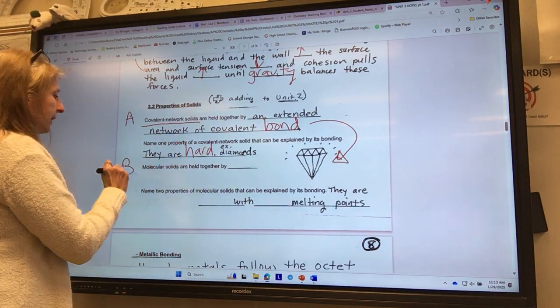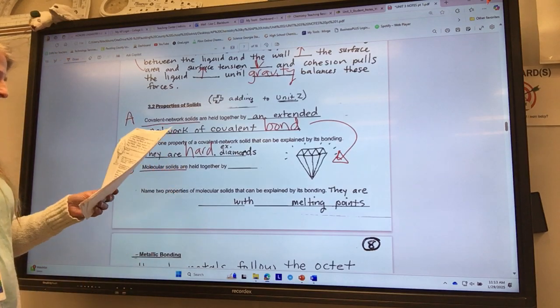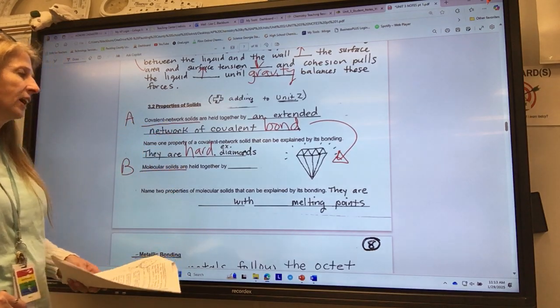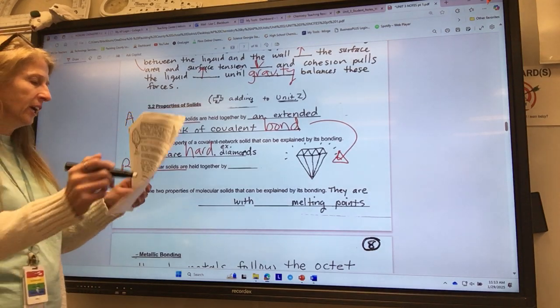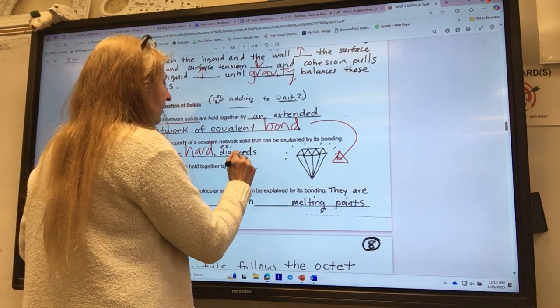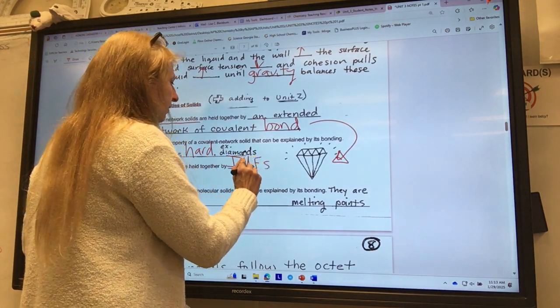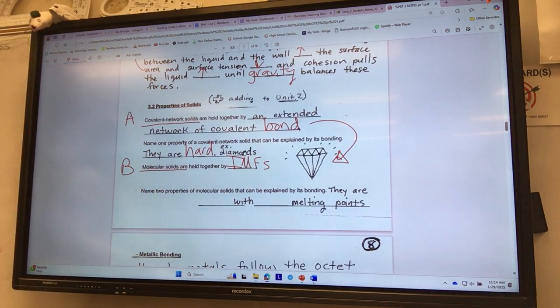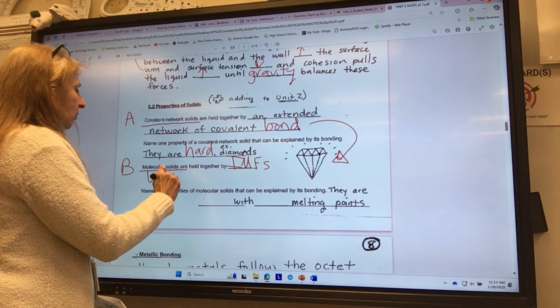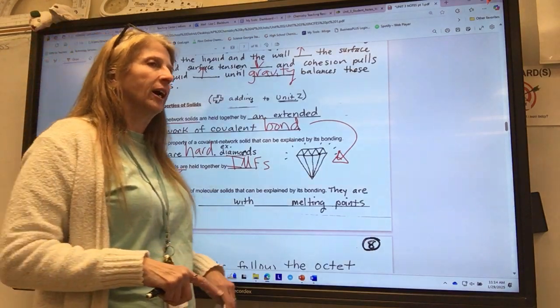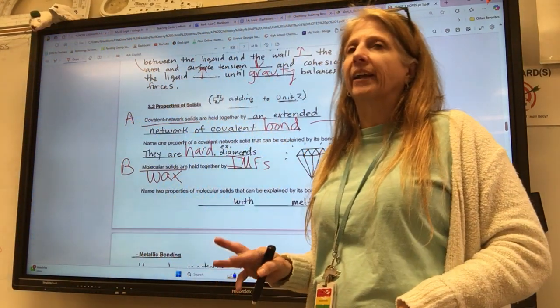Okay, B, another one is molecular solids. Molecular solids don't have bonds. They just have intermolecular forces, IMFs. An example of this would be like wax. Remember when we did our covalent versus ionic lab?